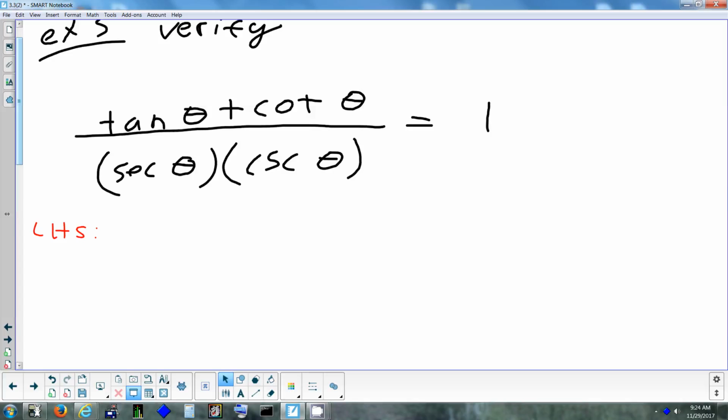Would the conjugate be a good thing to try here? Do you have to change to sine and cosine? Yes, I think we should change to sines and cosines, but just to answer that last question, would the conjugate be a good idea?